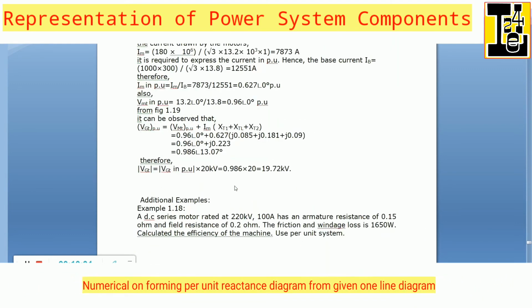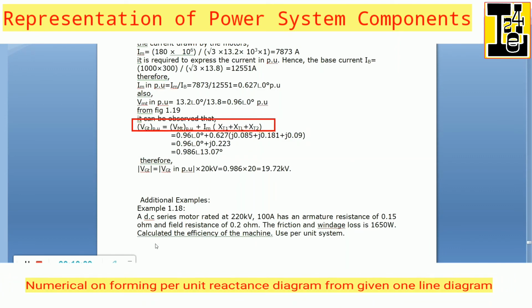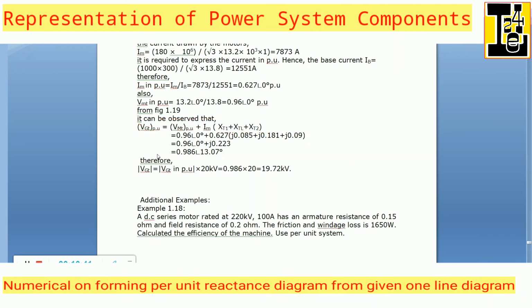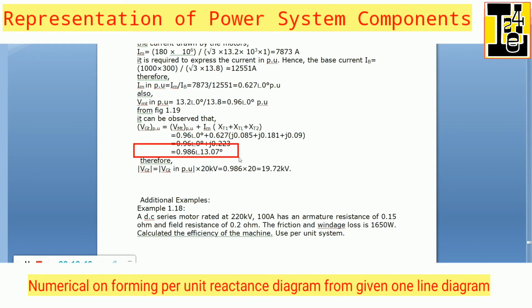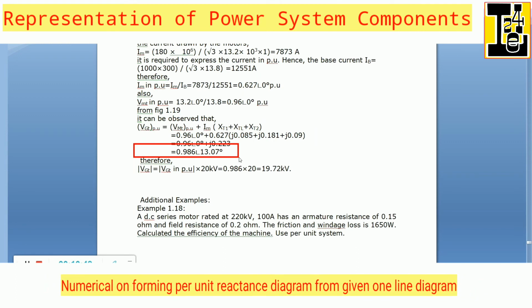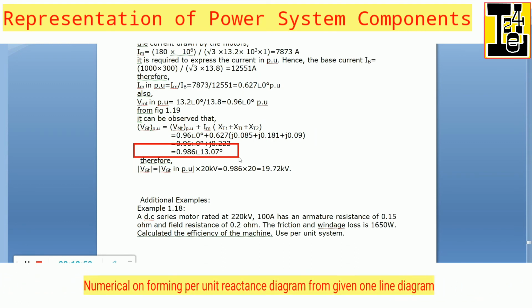This is how we have obtained this expression. Substituting all the values available with us, we obtain VGT per unit is equal to 0.986 at an angle 13.07 degrees. This is the per unit value.